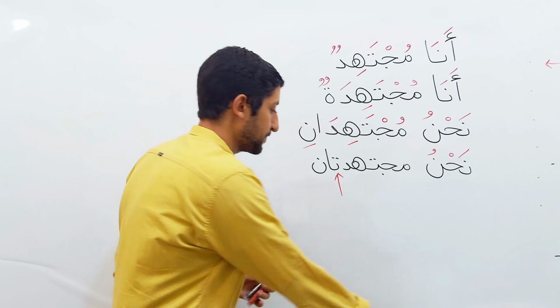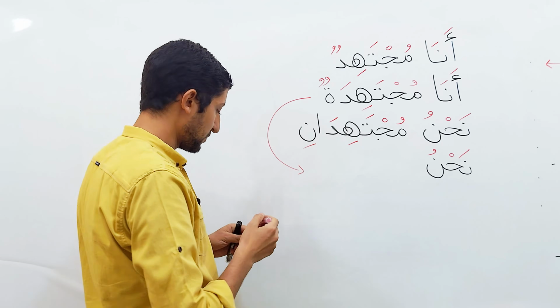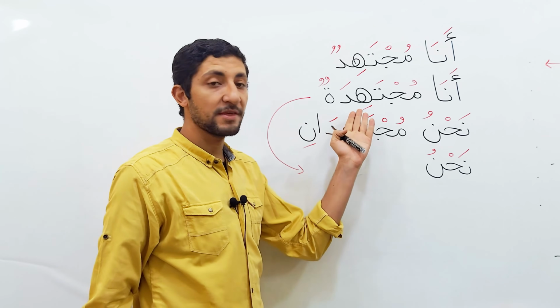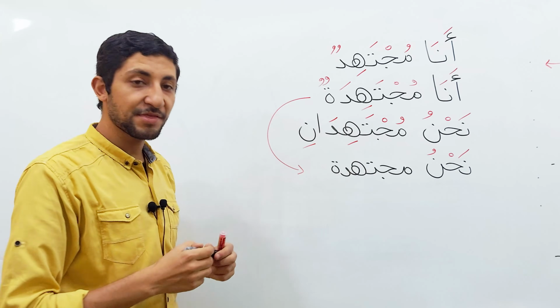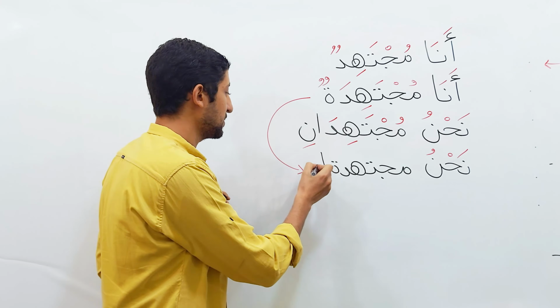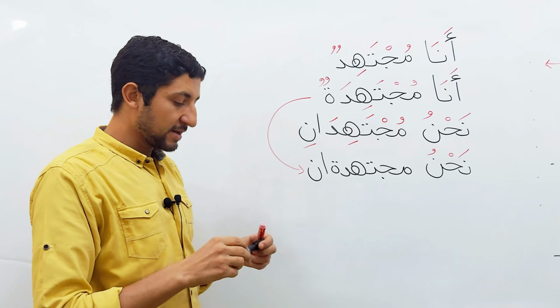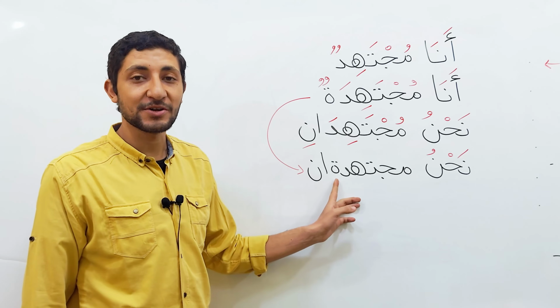Let's take it. Here is the singular, because we are talking about feminine, so we will take the feminine singular. نحن مجتهدة. And then we will add the suffix for dual, which is ألف نون. But when we add the suffix, this tied ta is no longer the last letter of the word.